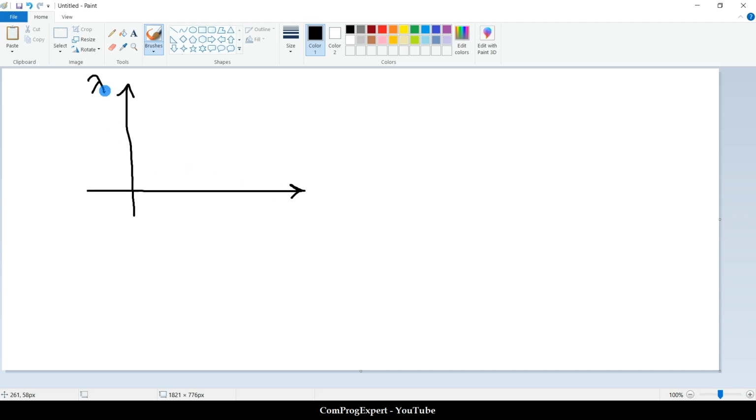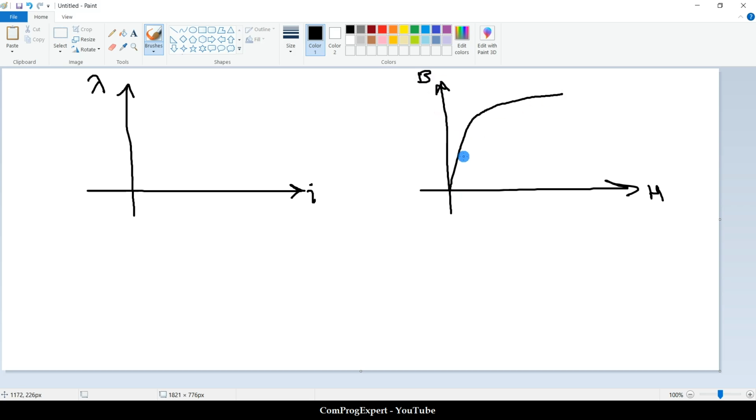This is flux linkage versus I, this is H versus B, field quantities. We have this nonlinear curve for the material, and this nonlinear curve for the inductor.